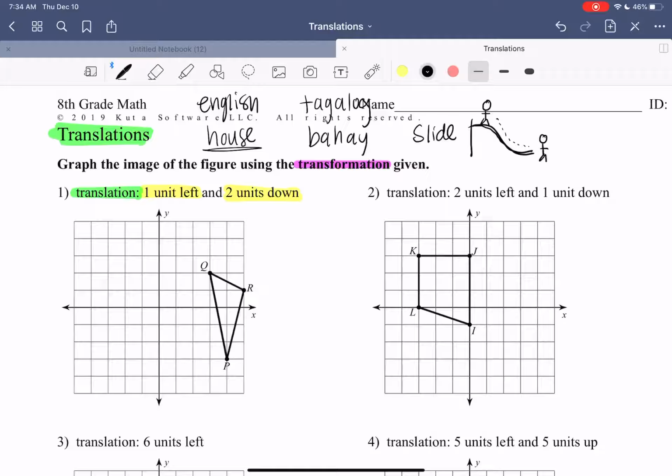We have this QPR shape, and they're asking us to take this shape that's originally right here. We're going to call that the original shape. And they're telling us to take this entire thing, same shape, and take it 1 unit to the left and 2 units down. So you say, I see 1 unit left and 2 units down. Then they're just asking us to leave it there.